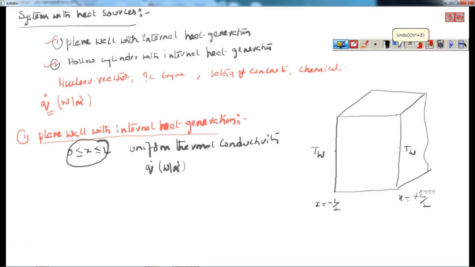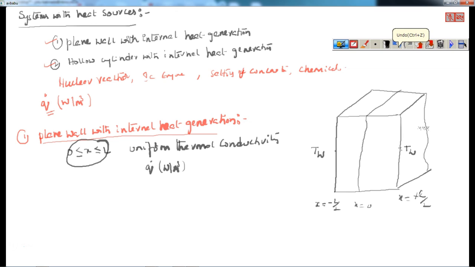At the center I am taking x equals 0. The temperature at either side of the slab is taken as TW, so either side of the wall dissipates the same amount of heat by convection only.